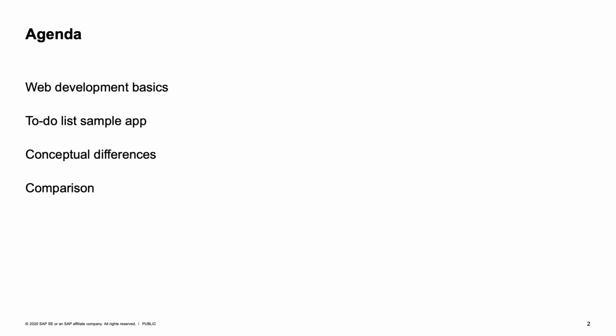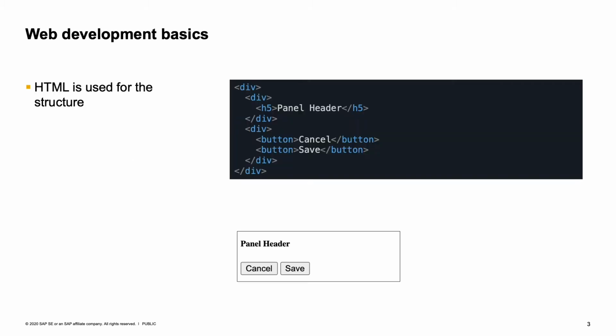And then we'll talk about some conceptual differences and we'll have a look at the code to show you what the difference between the approaches is and why one might be beneficial for your next project. And last but not least, I have a comparison table for you that will show you some hard numbers side by side that might help you to guide the decision which project you want to check out in the future. As I said, we start with some basics that you're probably all familiar with.